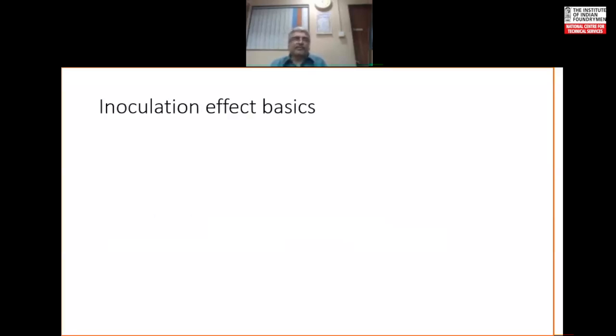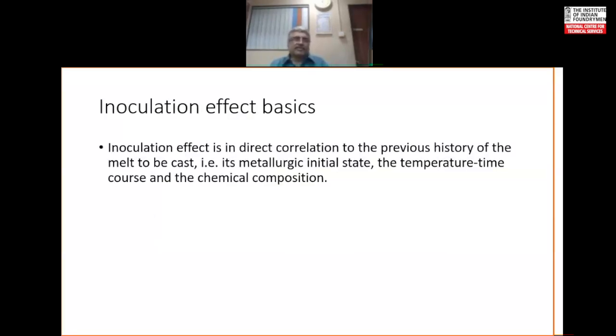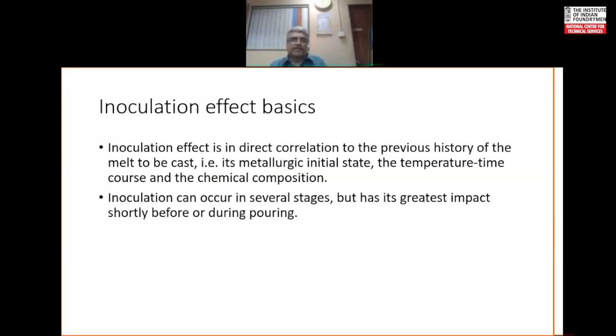Method of inoculation. We have already considered these factors. Inoculation effect is in direct correlation to the previous history of the metal. That means composition, the initial state of nucleation, temperature, time. It can occur in several stages, but the greatest impact of inoculation is just before pouring.